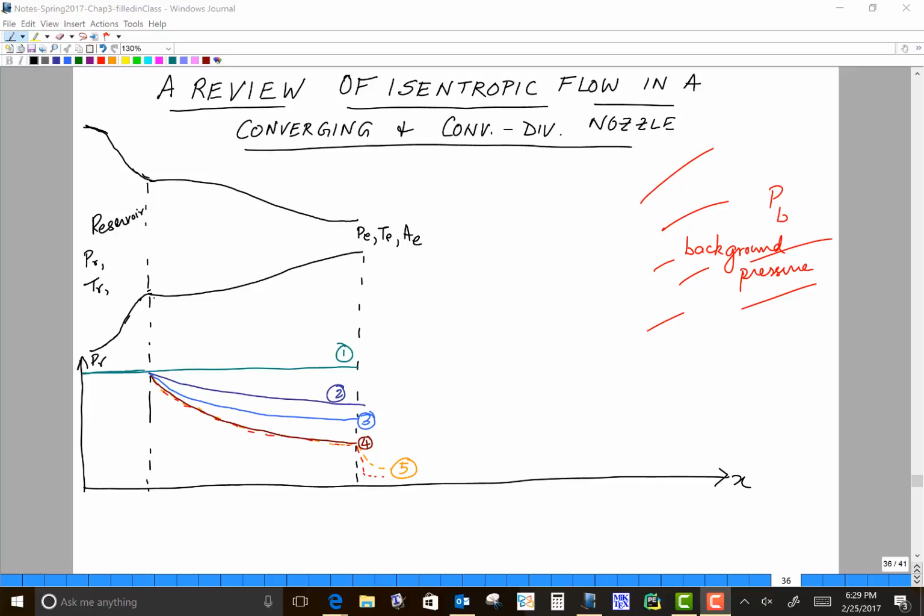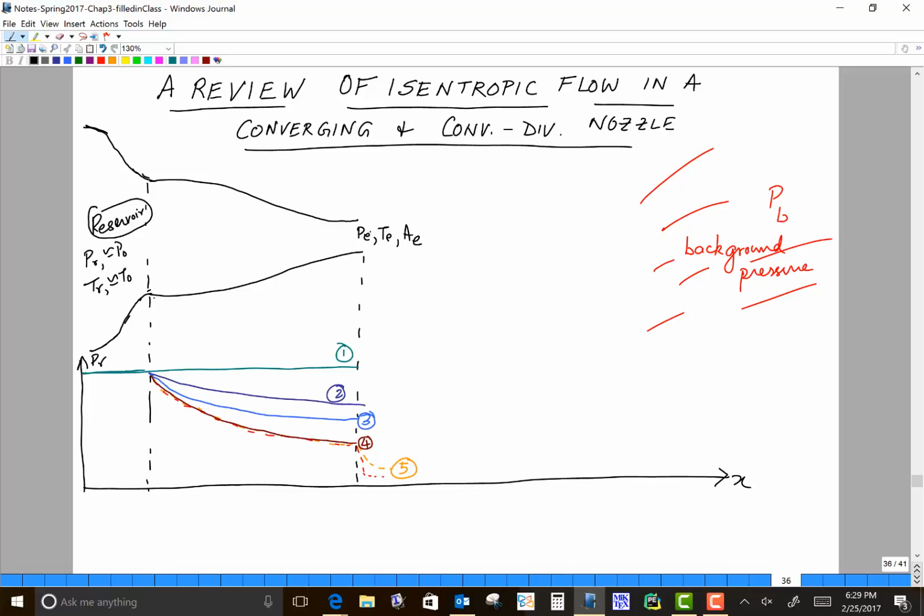Okay, and what I'm showing here on this screen is the schematic you have already seen before. This is the reservoir, and the reservoir is connected to a converging nozzle, and the reservoir has properties PR and TR, which can be approximated as P naught and T naught, the stagnation values for this isentropic flow.